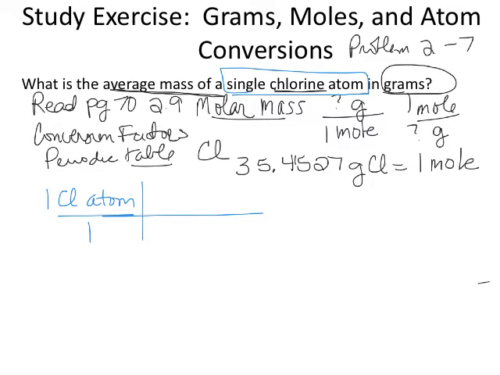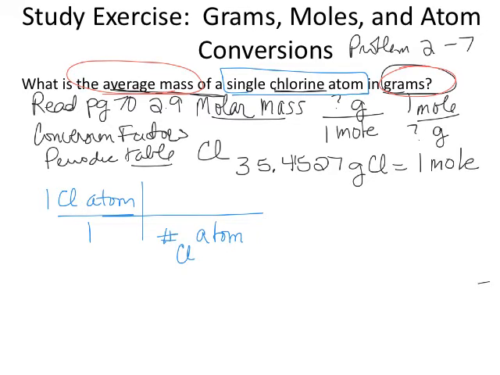And you put that on top, and then you're going to want a number of atoms on bottom, because you have 1 chlorine atom on top. To get this to cancel out, you're going to have number of chlorine atoms on bottom. Now, what are you trying to find? You want the average mass, and it's going to be in grams.